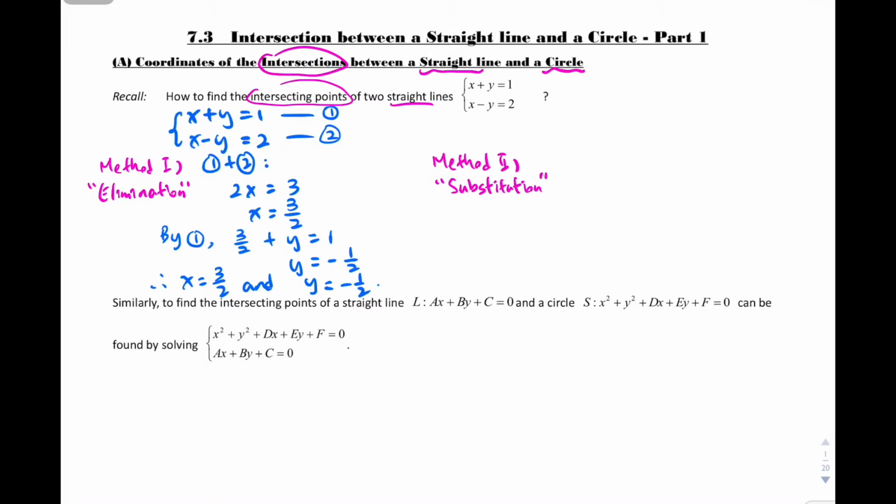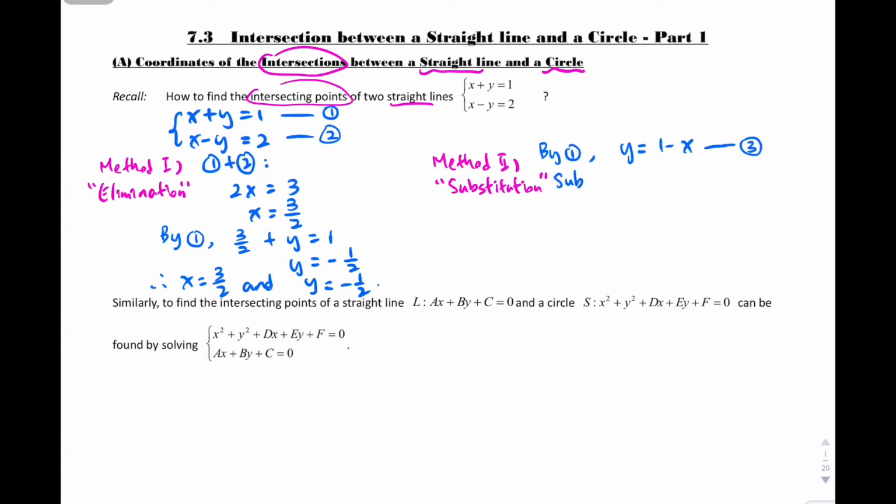Or we can use another method, the method of substitution. For this case, we can choose either one of the equations, say equation 1, and we can choose one of the unknowns to be the subject of the equation. Say we make y the subject of the equation, and we label this as equation 3.